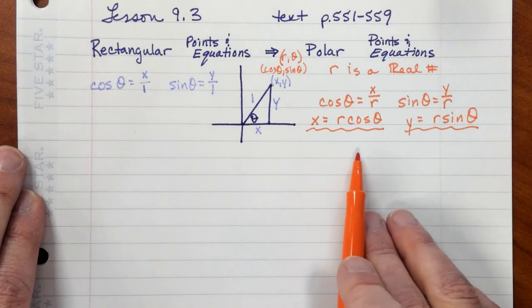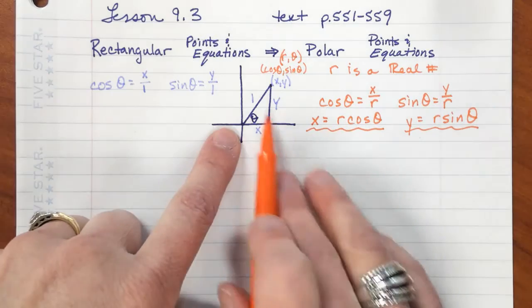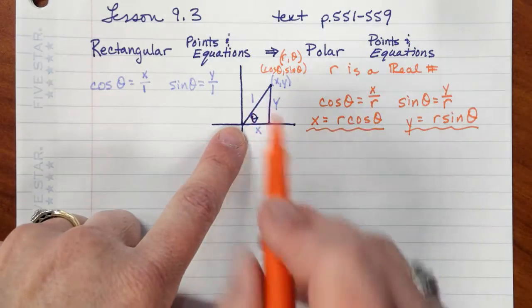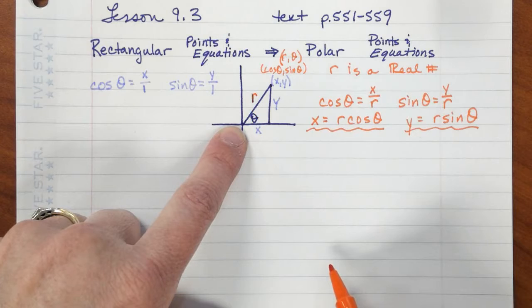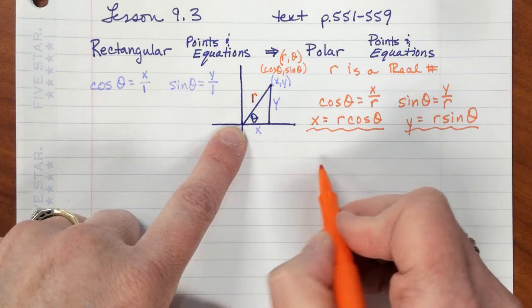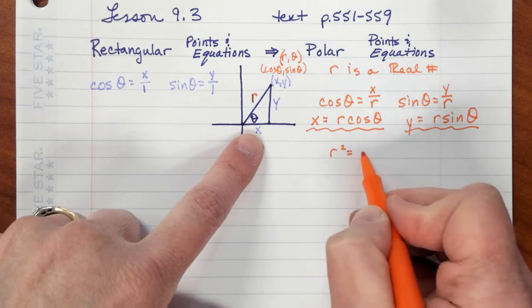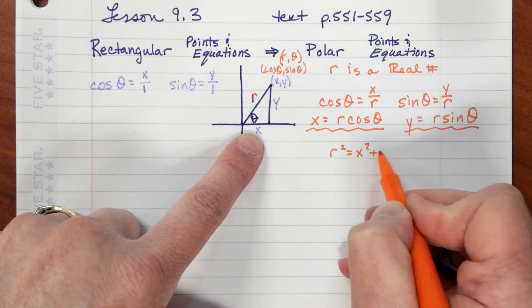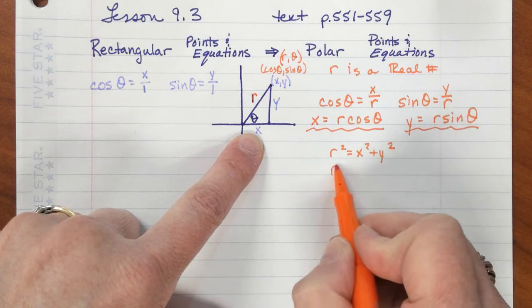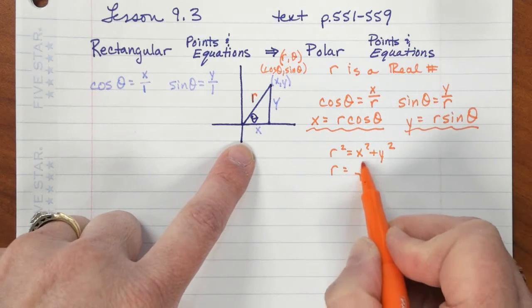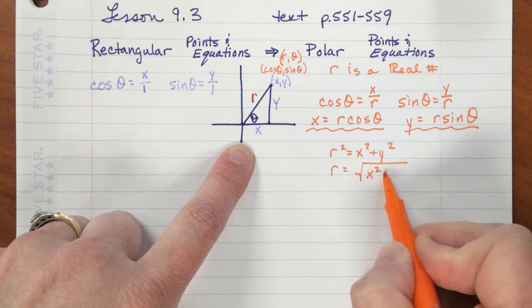You also know that from the Pythagorean theorem, my hypotenuse, my radius, r squared is equal to x squared plus y squared. And if I want to get to just r, that would be the square root of x squared plus y squared.